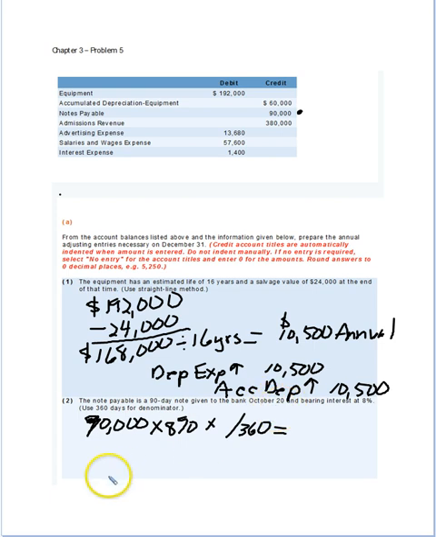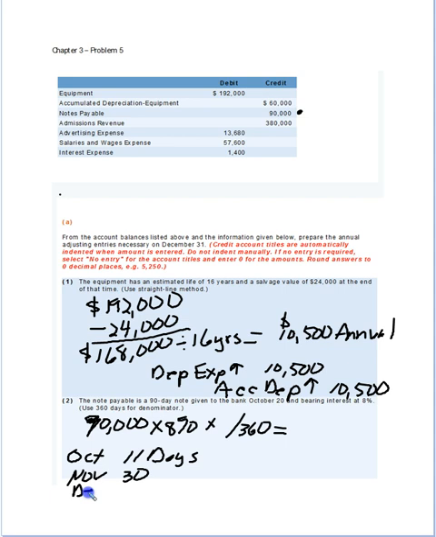So let's kind of figure it out. If it started on October 20th, let's see, the remaining days in October, there are 31 days in October, so 31 minus 20, there would be 11 days. So that note would have been outstanding for 11 days in October. And then in November, there are 30 days in November.